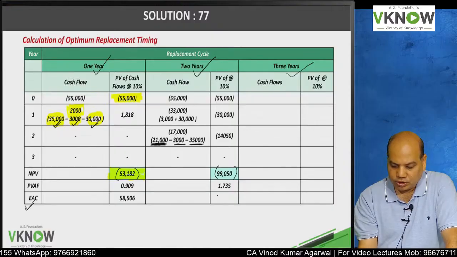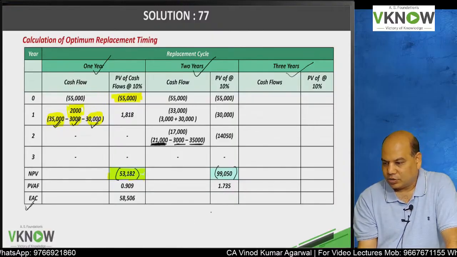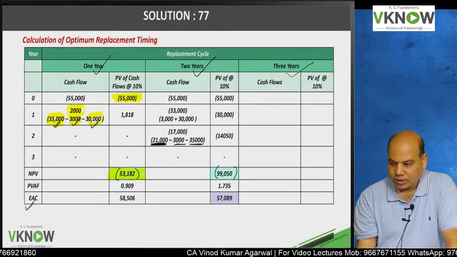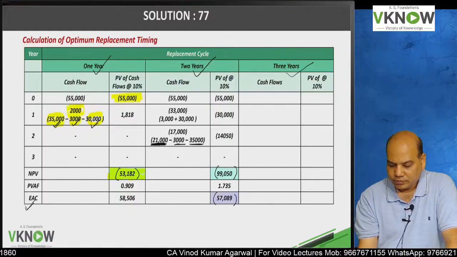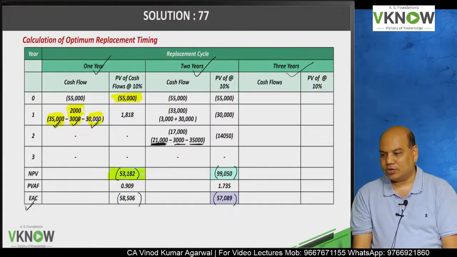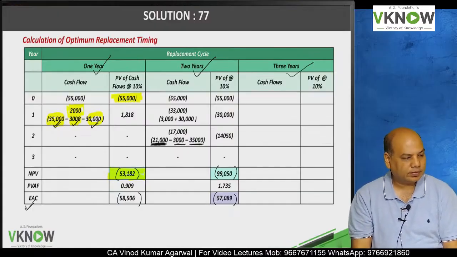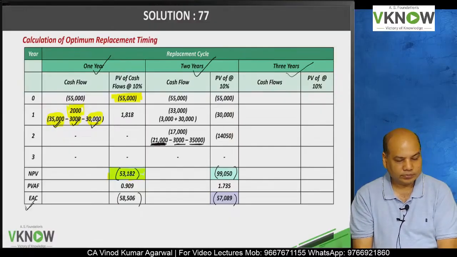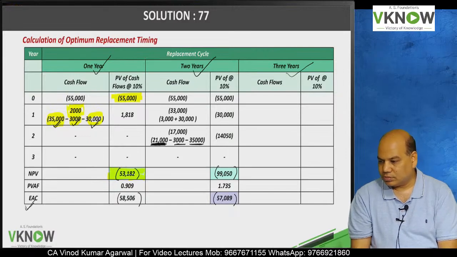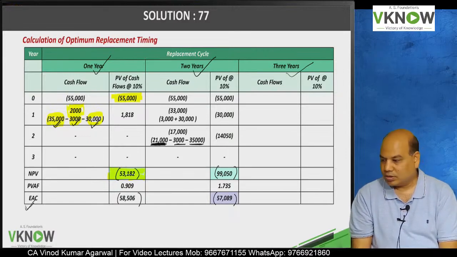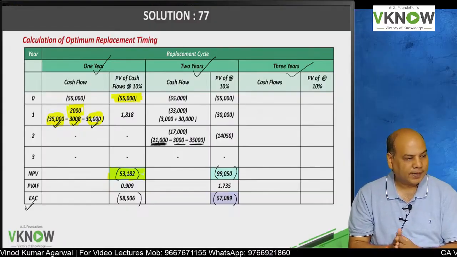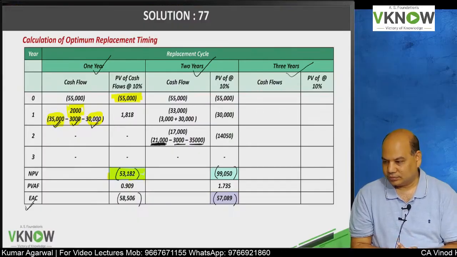Annuity factor for 2 years is 1.735. EAC is 99,050 divided by 1.735. How much is that? 57,089. Please confirm, is it 57,089 approximately? Everybody please check.